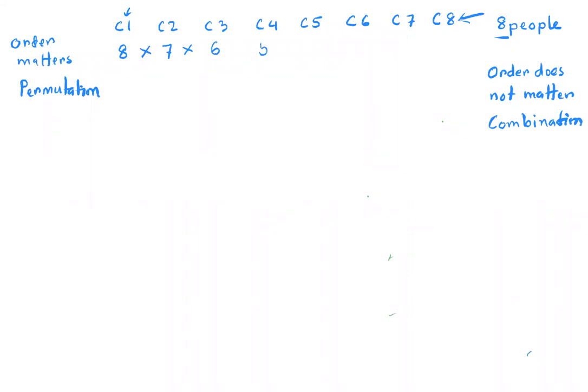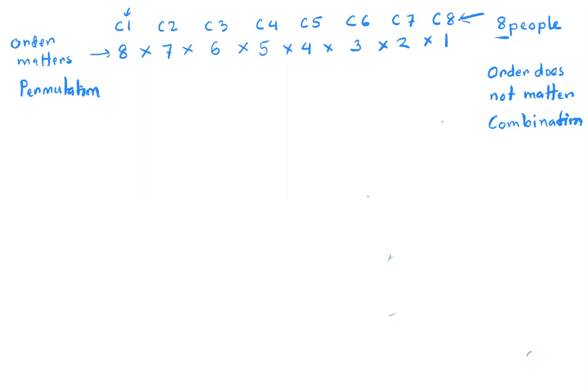So these are separate events, and together they can happen this many ways. How many left for this one? 4. How many left for this one? 3. How many left for this one? 2. How many left for this one? 1.